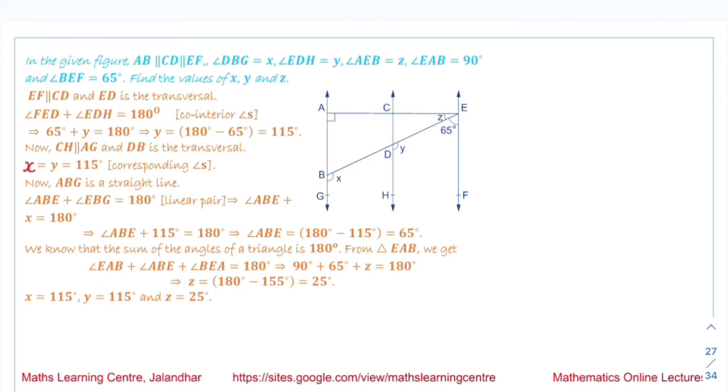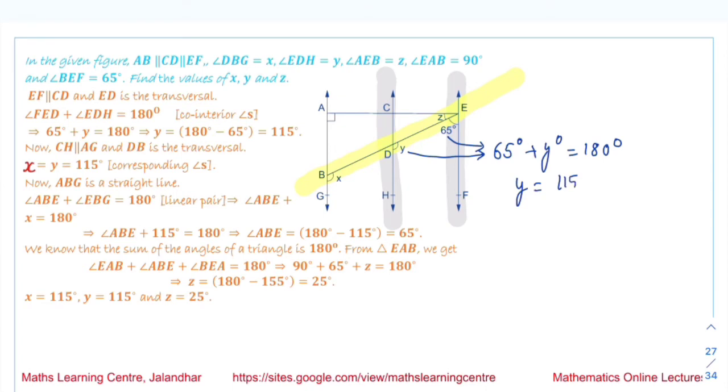These are given in the figure, and we have to find the values of X, Y and Z. We start with this line and this line, which are parallel, and this is a transversal. So the sum of these two angles, this angle of 65 degrees and this angle Y degrees, will be 180 degrees. So we get the value of Y as 115 degrees.